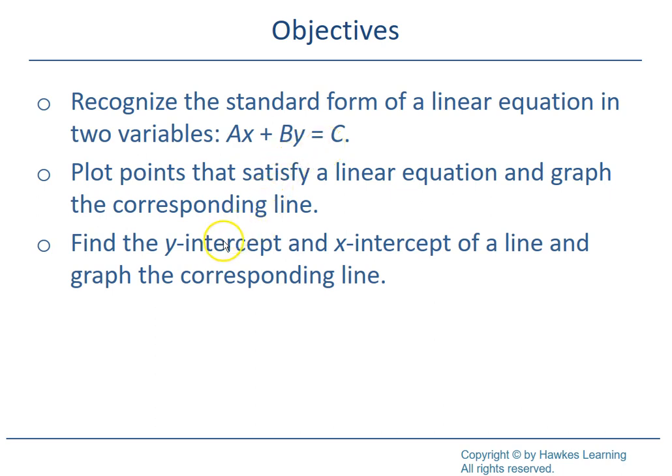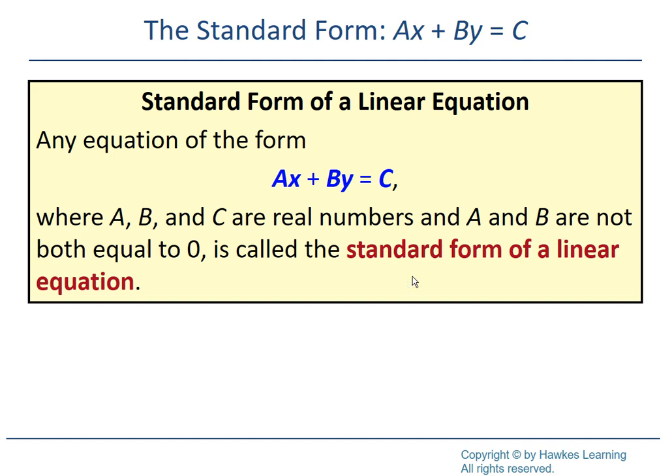And then we're also going to introduce what is called the x and y intercepts, and graphing after we find those intercepts. So once again, this is something you should have. This is standard form of the linear equation in two variables.